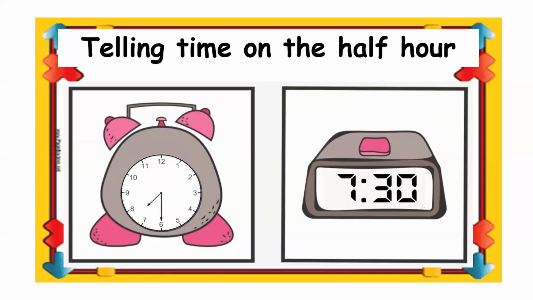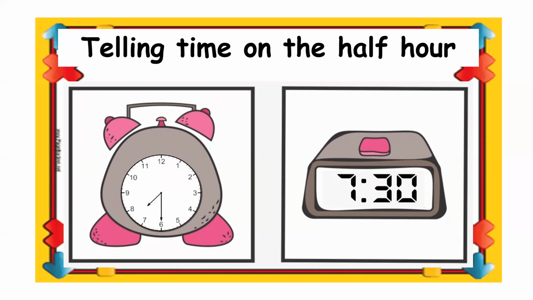Now that we have looked at the hour, let us look at telling the time on the half hour. On the analog clock, the hour hand is pointing at 7. And on the digital clock, the number before the dots is 7, which means that the hour is 7.